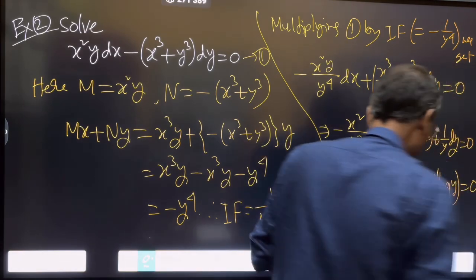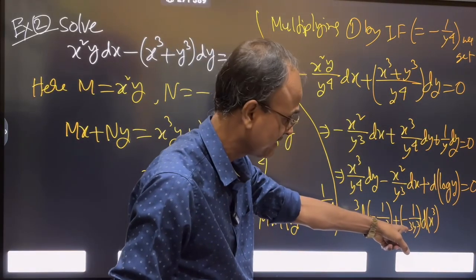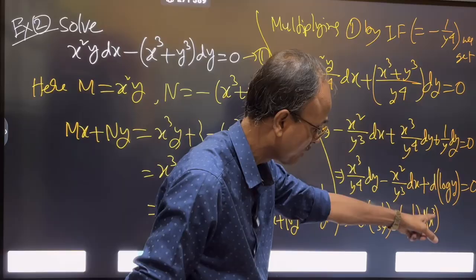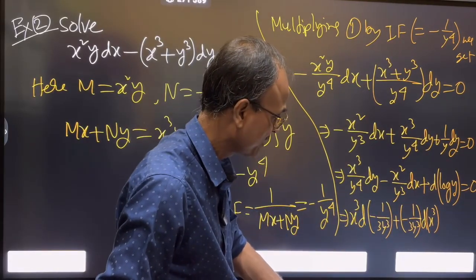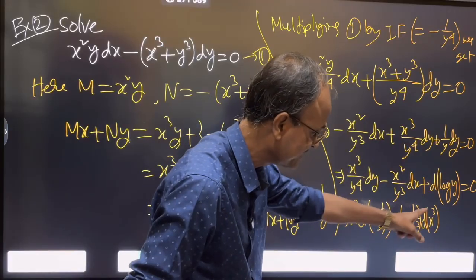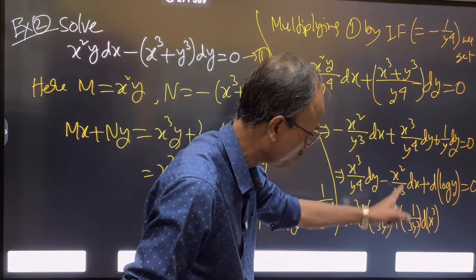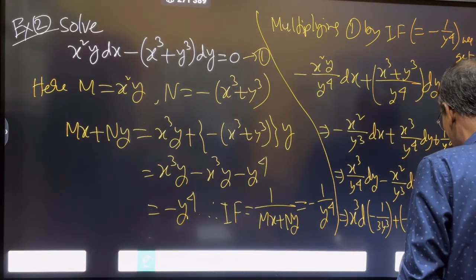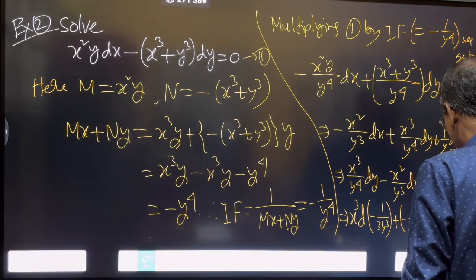What is d of x cube? d of x cube is thrice x square dx. This 3 will be cancelled. Minus is already there. Ultimately, you will get minus x square by y cube dx plus d of log y equal to 0.